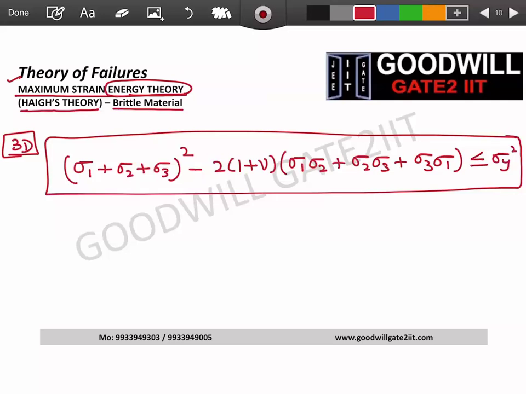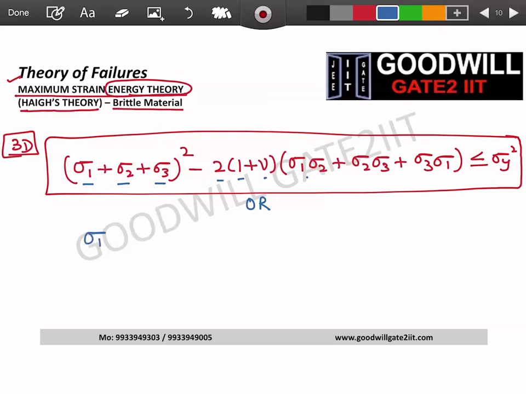There is another way of looking into this. What you can do is, I'm not doing it now, but you can apply the (a plus b plus c) whole square formula. You can multiply this inside, and the same expression can also be written as this. You can learn any one expression, whichever you feel comfortable with.